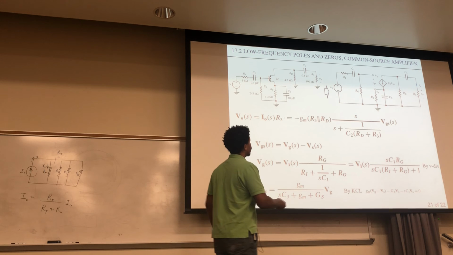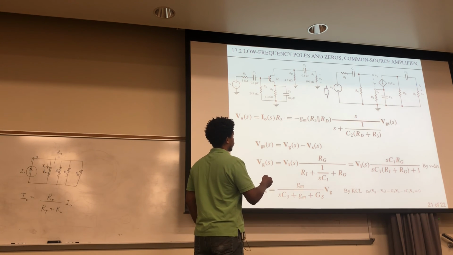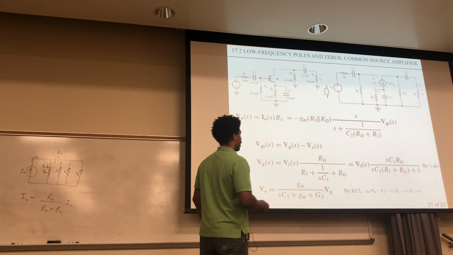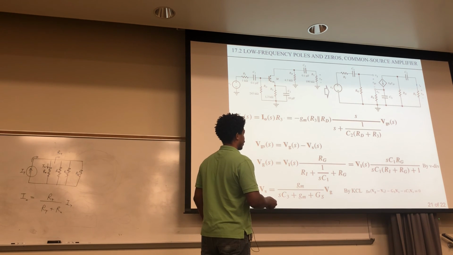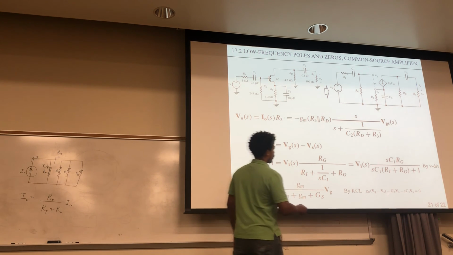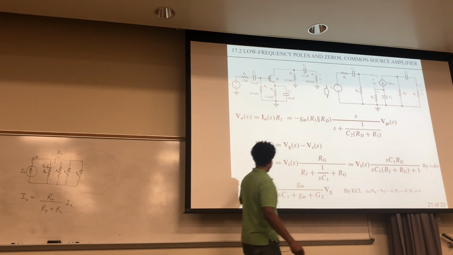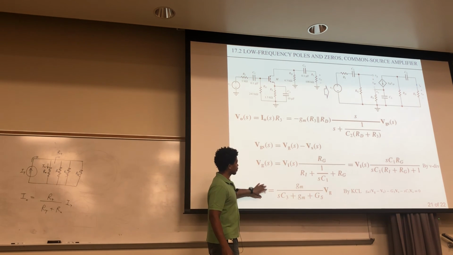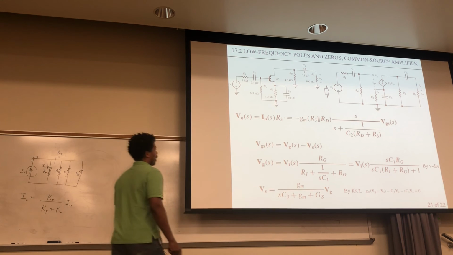That's this right here. You also have this going from Vs minus 0 divided by Rs, and that's this expression right here. Okay, and this right here is this expression. And if you factor out your Vs and solve for it, you get this expression.